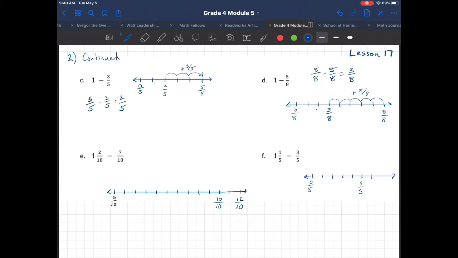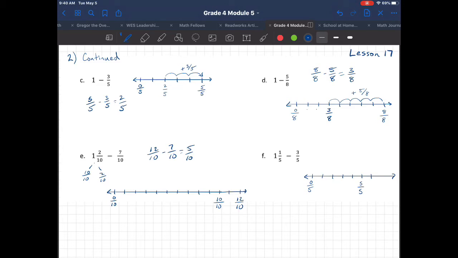This one, 1 and 2/10, so I know that 1 is 10/10, and then the 2/10 go together to make, sorry, let me write that so you can see it, 12/10. So we're saying 1 and 2/10 is 12/10, minus 7/10 equals 5/10.